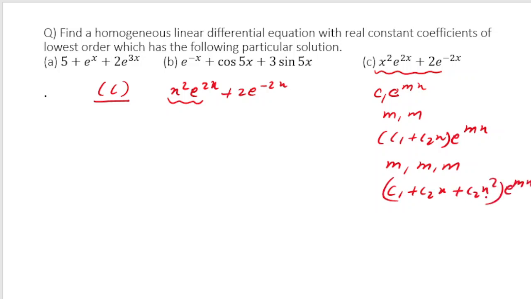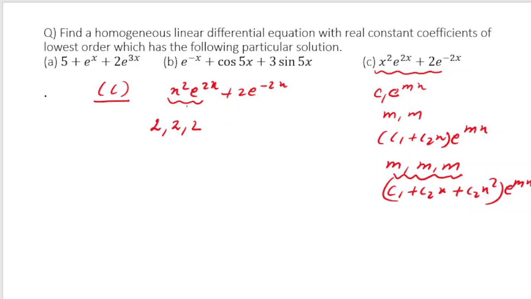So if the x square e to the power mx term is coming in the solution, it means that there should be a minimum of 3 roots. And what will be those 3 roots? Those 3 roots should be equal to 2, 2 and 2. If you have only 2 roots, then at most x into e to the power 2x term can come, right?